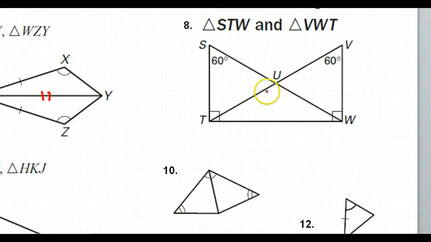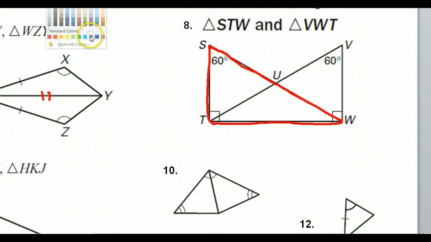Let's see. Looking at number 8, we got to be a little bit careful here because there's multiple triangles depending on how you look at it. Please understand that triangle STW is a triangle that goes like this. STW. Okay, that's one of the two triangles that they're talking about.